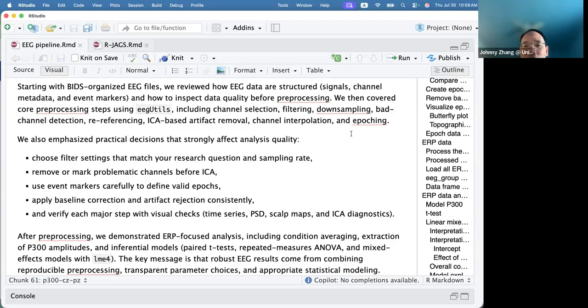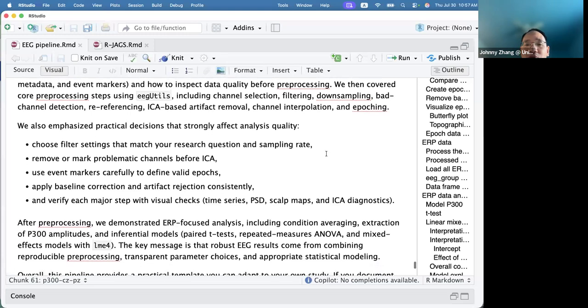And based on the epochs, we can also form ERP information. Previous ERP data analysis was often based on averaged epochs, but now people often recommend using trial by trial epochs to do ERP data analysis based on mixed effect models.